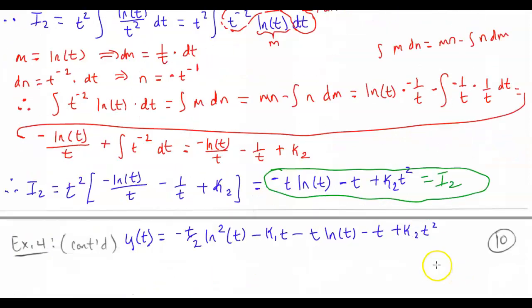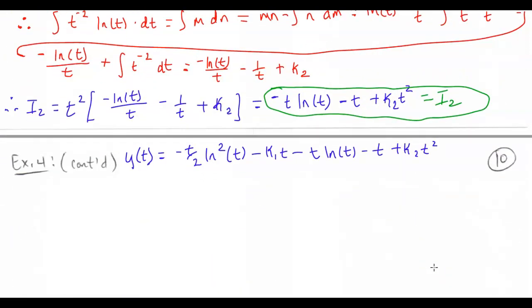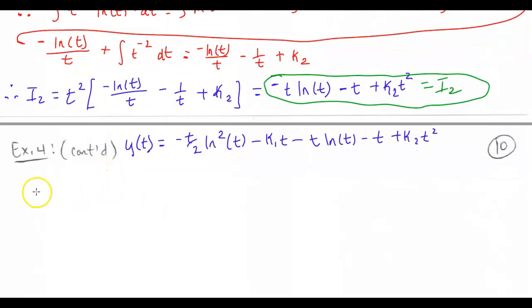This is what everything is. We just write it together. And of course here, notice that we have two terms that actually have a t in it. So here what we're going to do is rewrite this as minus k1 minus 1 t.